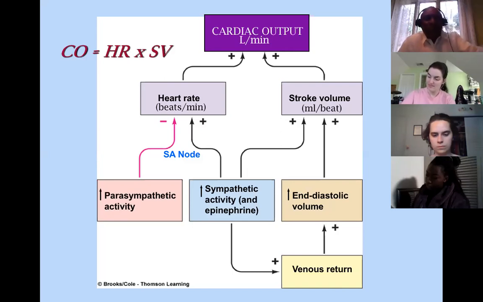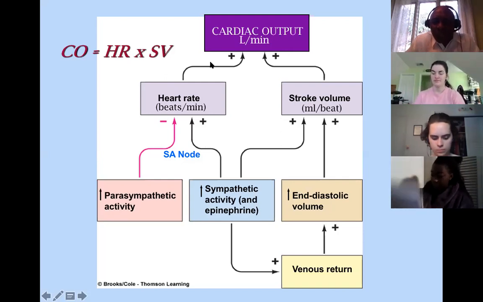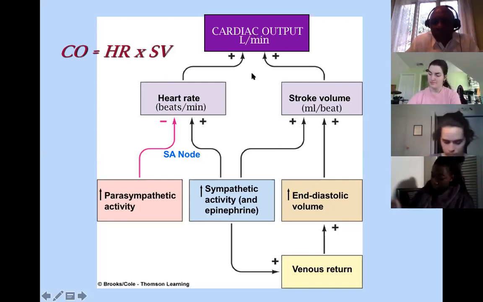Okay. Now, in these last few minutes, let's look at the factors that affect heart rate. And we have already talked about that. And the factors that affect stroke volume, which therefore means the factors that affect cardiac output.